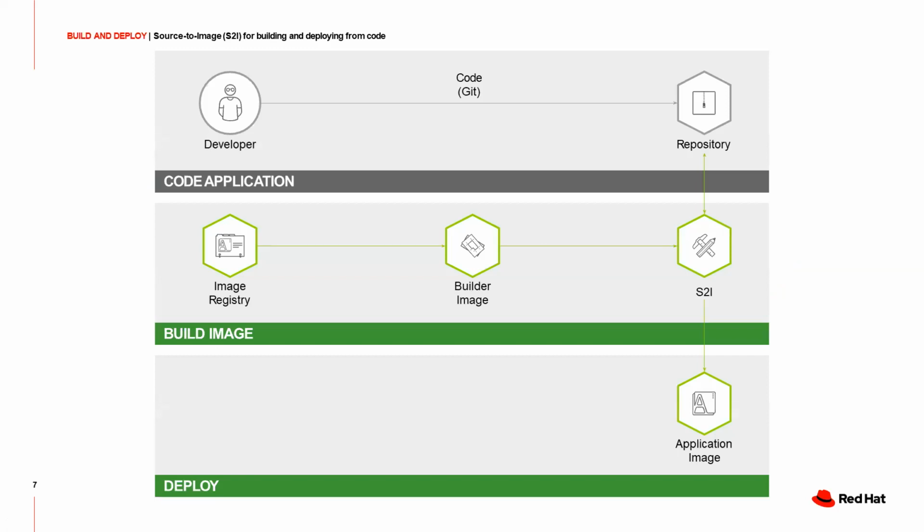So one way that developers can deploy their code is using source to image. I found this slide for source to image. Source to image is a toolkit and workflow for building reproducible container images from source code. It produces ready-to-run images by injecting source code into a container image and letting the container prepare the source code for execution.